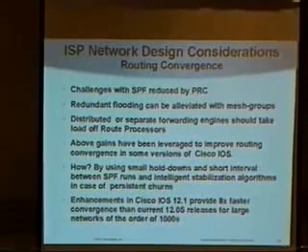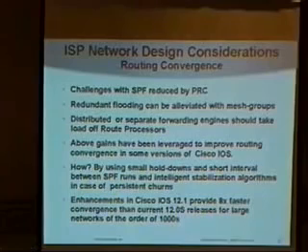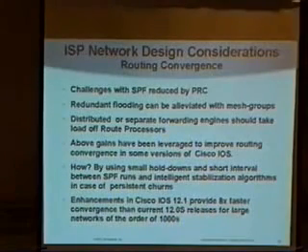These give up to around 8 times faster convergence than the normal SPF behavior you will see in 12.0 code. But obviously this will be merged in there as we move on. I don't want to give any figures, but you can get pretty low figures for a very high number of nodes in your network.